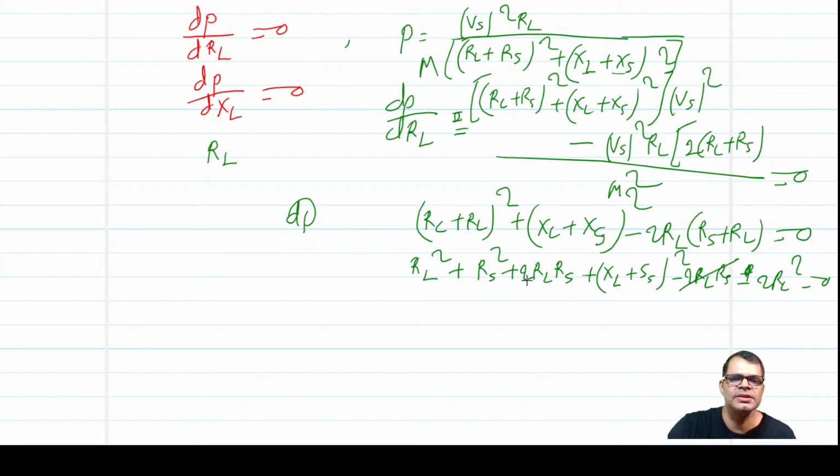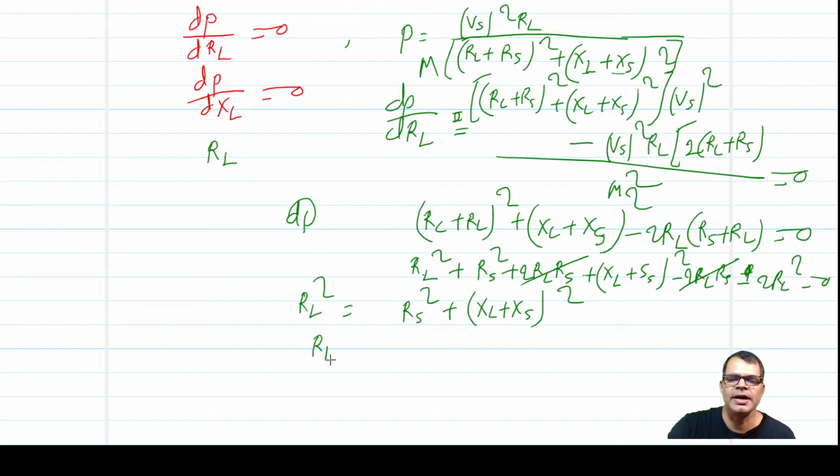Then these terms cancel, and here 1 RL square, here minus 2 RL square goes to the right side. So RL square is equal to Rs square plus (XL plus Xs) square.